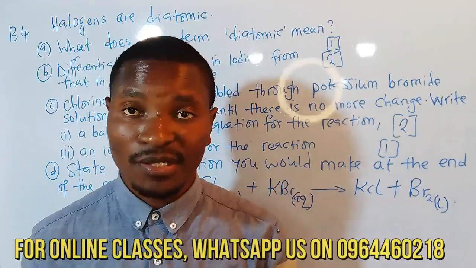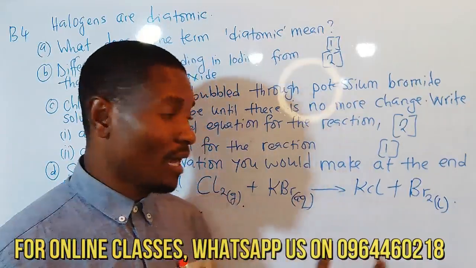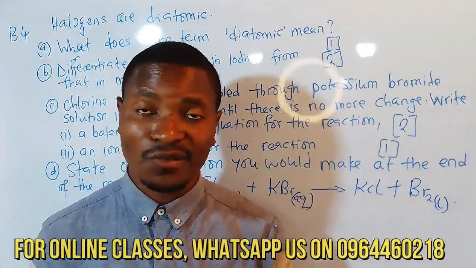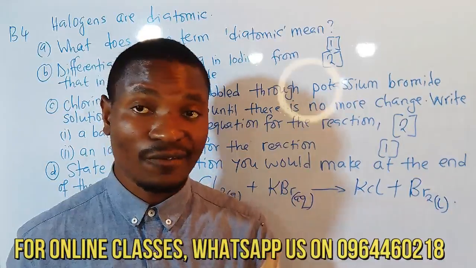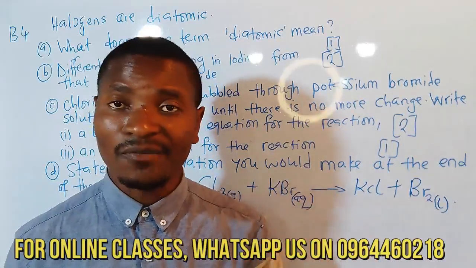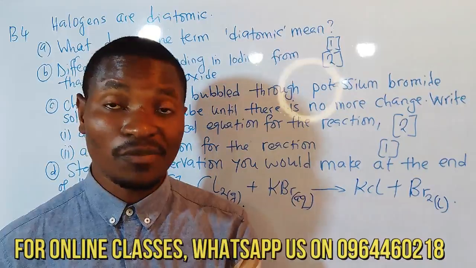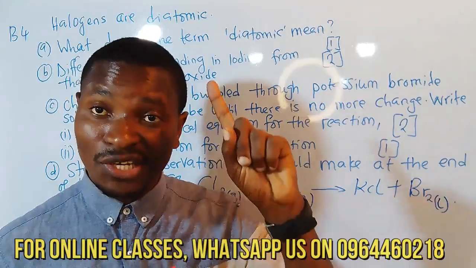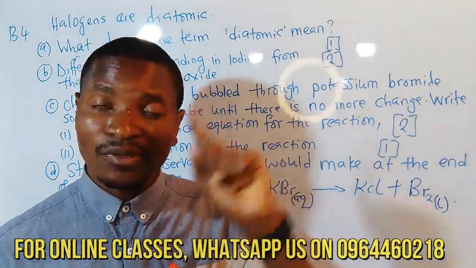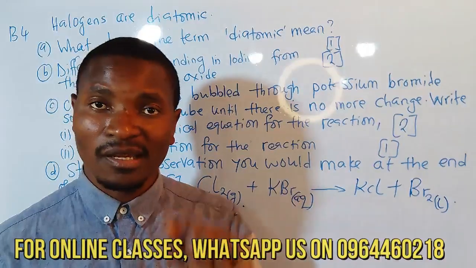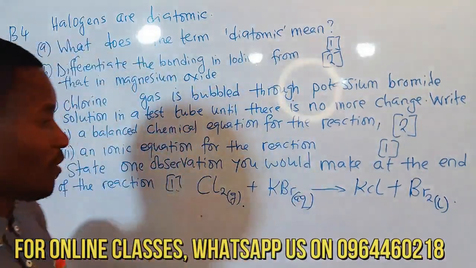Make sure that you understand that. Now we have to balance the chemical equation. If you're watching this for the first time, I've got plenty of videos that will teach you how to balance equations. You can check the link up there.